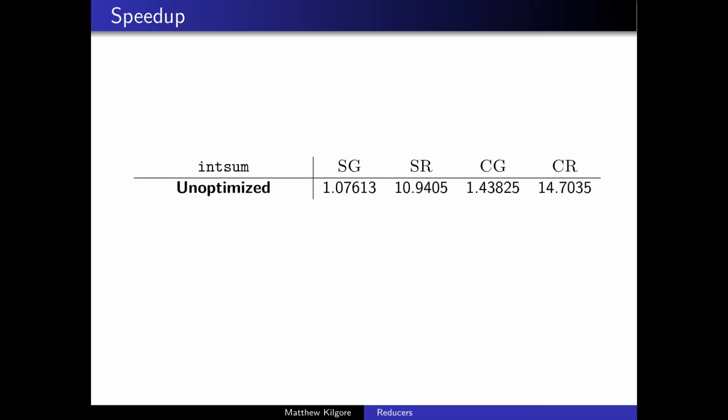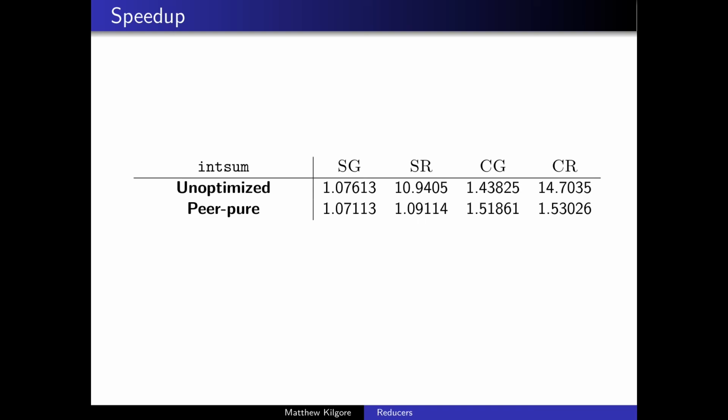So, let's go back then to IntSum one more time. Remember that awful unoptimized result? Well, the reason that you have probably never seen that overhead recently is the pure optimization. When you do that, you basically get rid of all of the overhead.